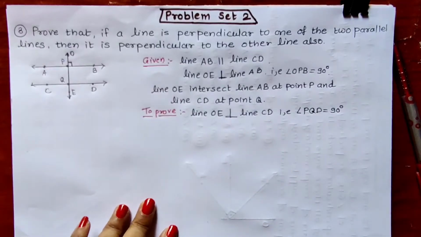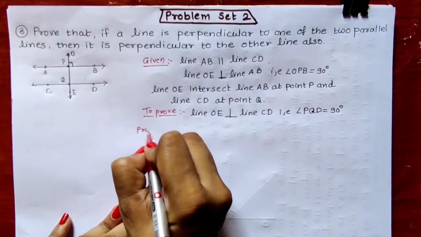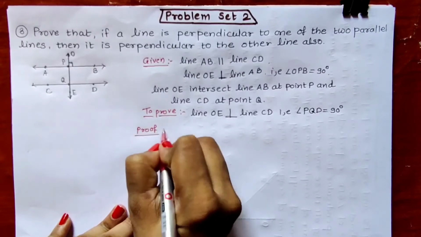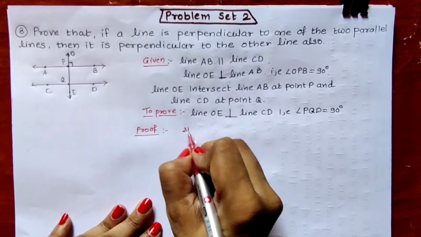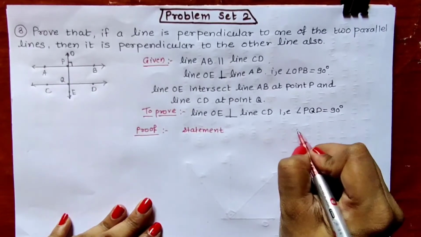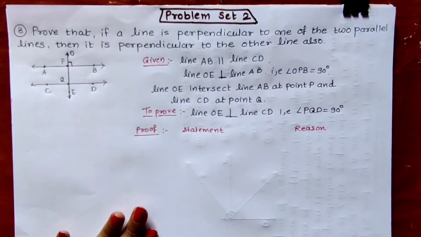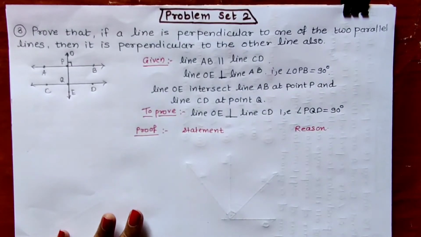So let us start our proof. In proof, if you want, you can make two parts. One part is for statements, other part is for reason. In this way you can make two parts and you can write the proof.